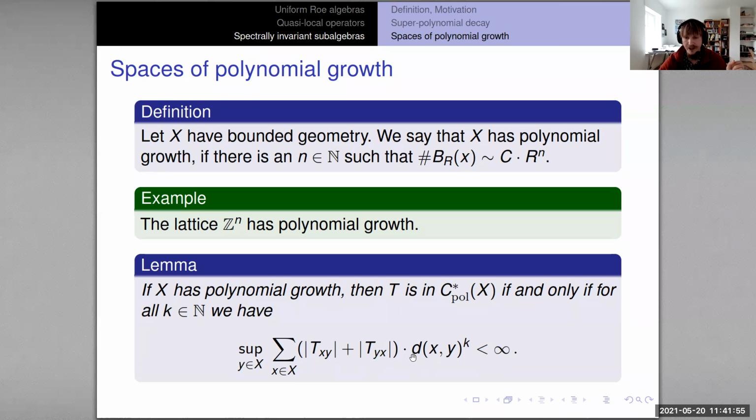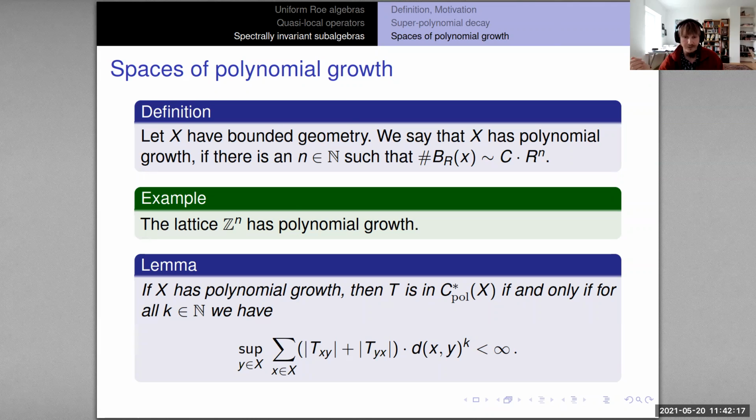So this is this times the distance from x to y. This means that if you look at the matrix of your operator T, the entries are summable, and even with polynomial weights, they are summable. And this then will be an if and only if characterization.